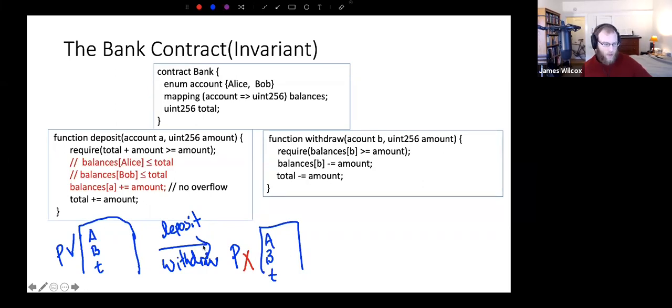That's not how contract execution works, because the whole transaction will just abort if this require clause is false. And I think this require clause correctly checks that total doesn't overflow. So I think it's impossible that during a step that actually succeeds in committing the EVM transaction, total would overflow, which means it would have had to overflow already, in which case total would already not be greater than or equal to balances. So I think that's not a counterexample to induction.